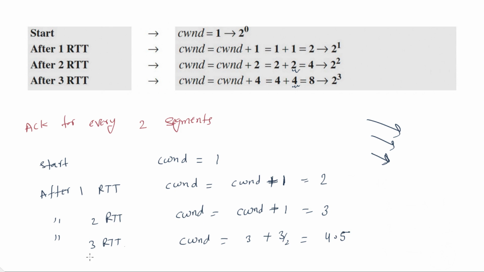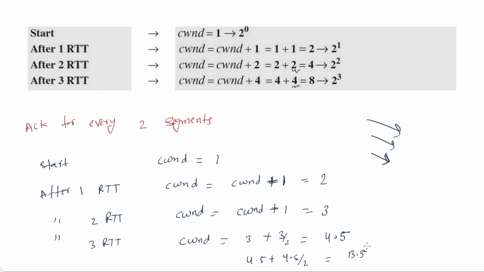So it will be 4.5. Now after sending 4 or 5 as a window, it will again be 4.5 plus 4.5 by 2, because for every 2 I'm getting 1. So it will be 9 plus 4, 13.5, like that.